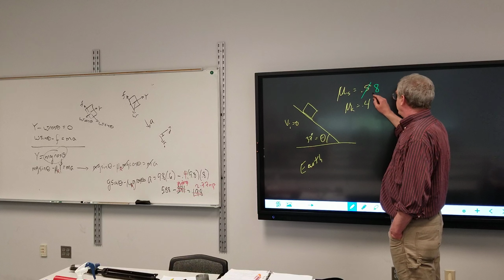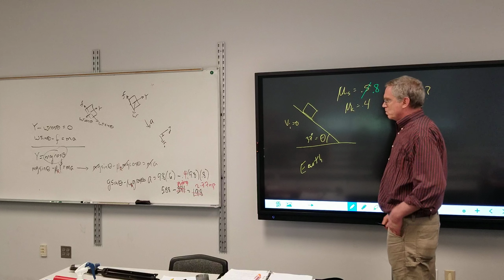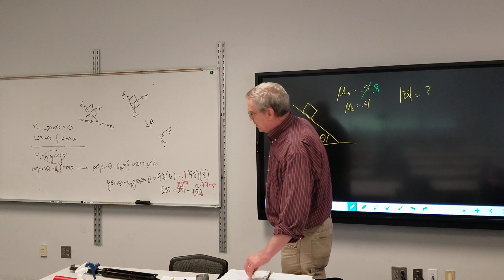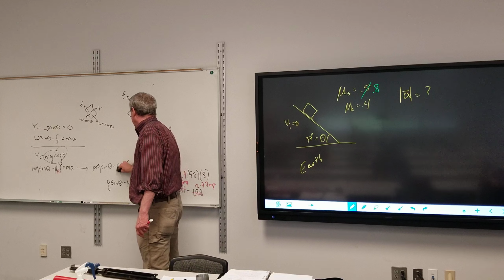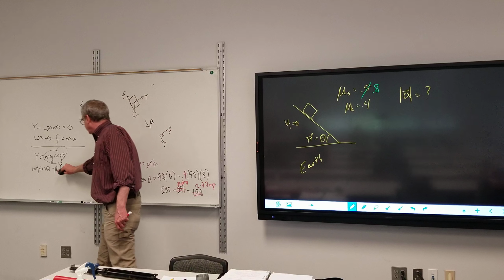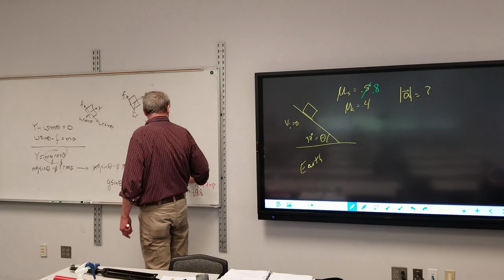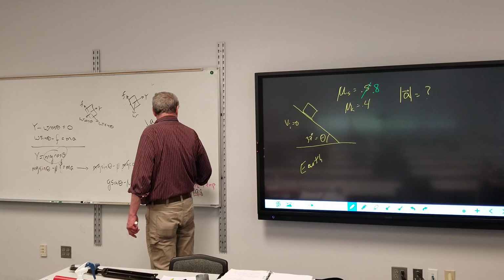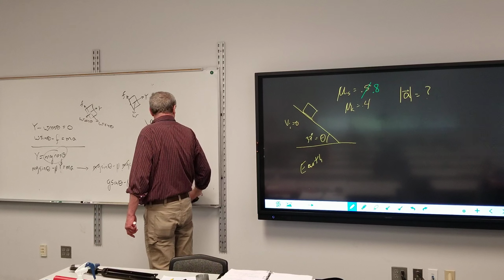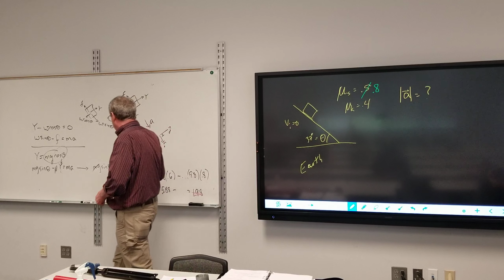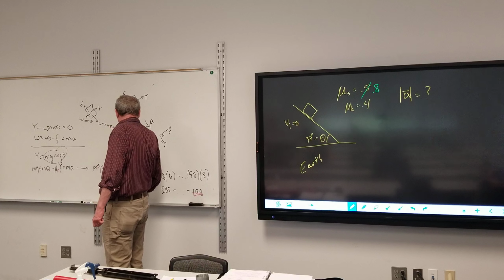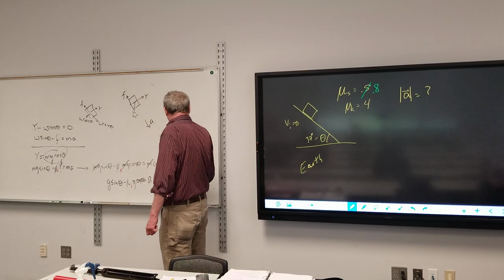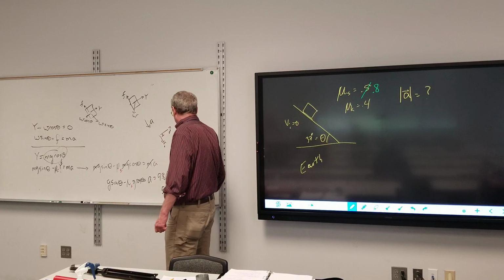So let's make that 0.8. Still the same problem that we had before, except we're going back to the subscript S there. Hopefully 0.8 is enough. So μs is 0.8. Okay, that should work.